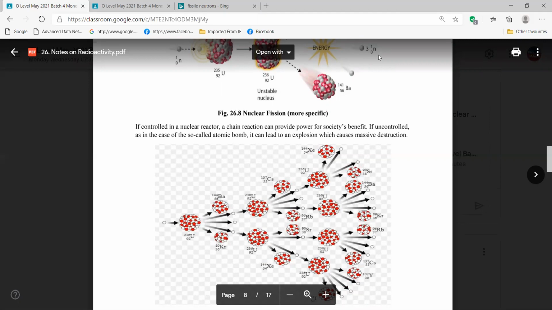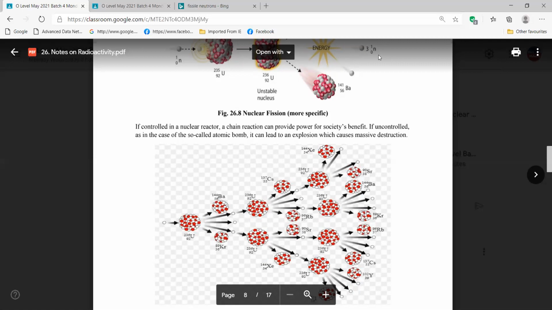So this way, it will be an uncontrolled chain reaction, and this uncontrolled chain reaction can cause massive destruction, because they are creating a large amount of energy. It's only this that we are doing in an atomic bomb.